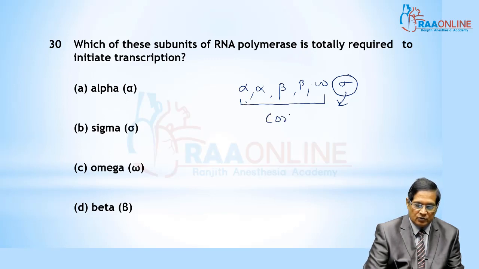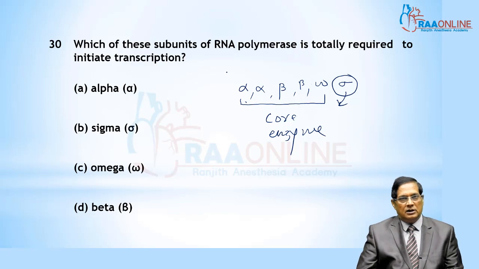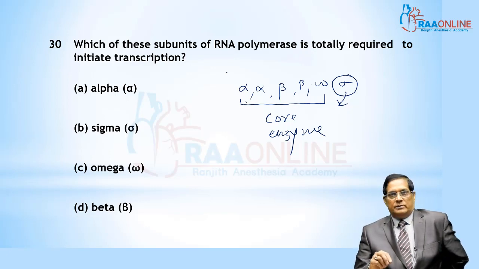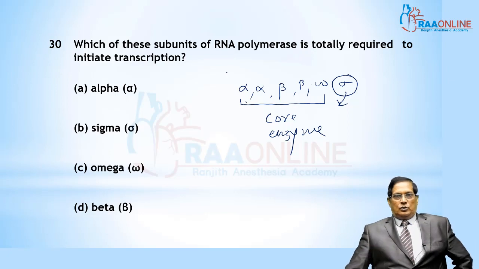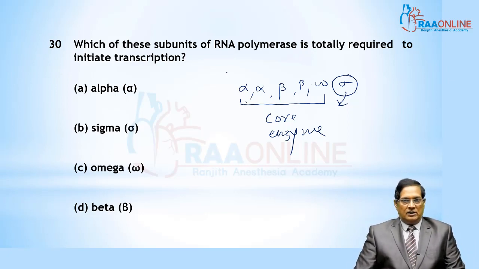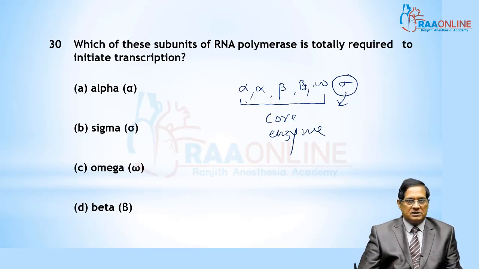The whole RNA polymerase enzyme is the holoenzyme. It comprises these chains: alpha, beta, beta 1, omega and sigma. Sigma is the key chain.